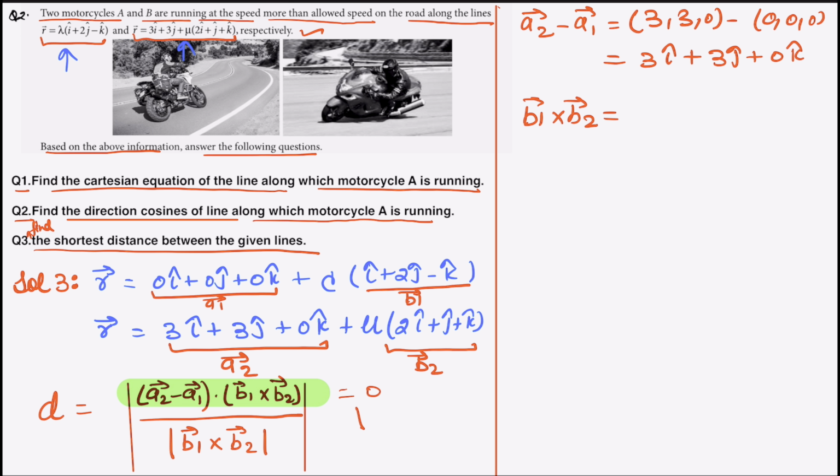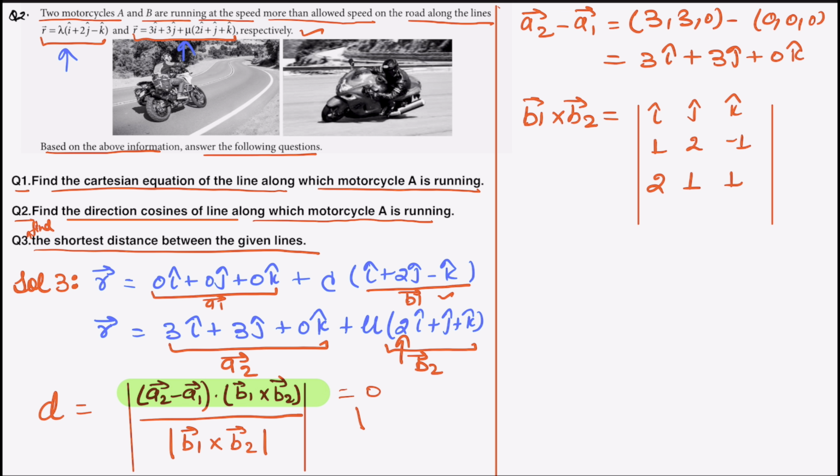Now we will find the cross product using determinant form. For determinant form, we write i cap, j cap, k cap. The second row will be the coefficients of i cap, j cap and k cap of b1, that is 1, 2 and −1. And the third row will be the coefficients of b2 vector, that is 2, 1 and 1.